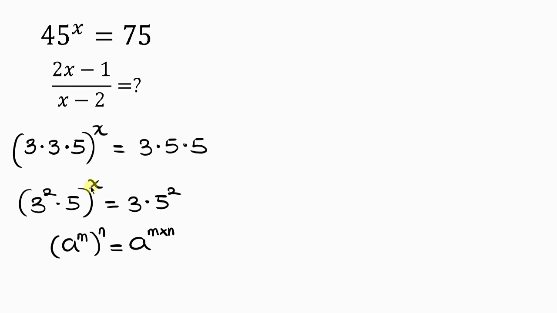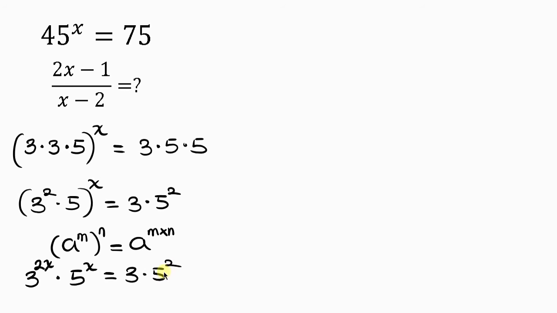And this power here affects the 3 squared, and it also affects the 5. So we have 3 to the, remember, powers multiply, 2 times x is 2x, times 5 to the x. And this is equal to 3 times 5 squared.